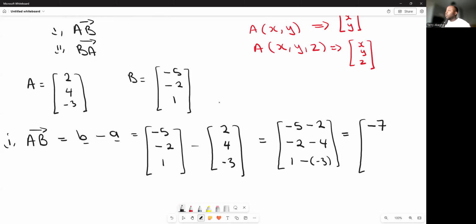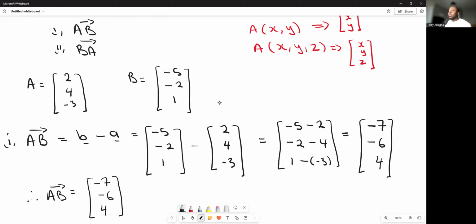Minus 2 minus 4 will give us minus 6. And 1 minus 3 is going to give you 4. So therefore, we can now say the column AB will be minus 7, minus 6, and 4. And that'll be the answer for that.